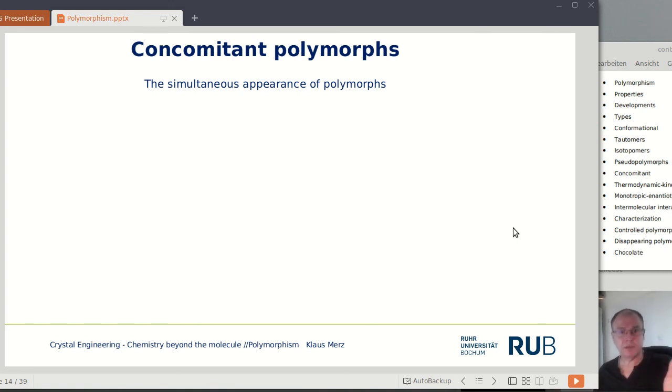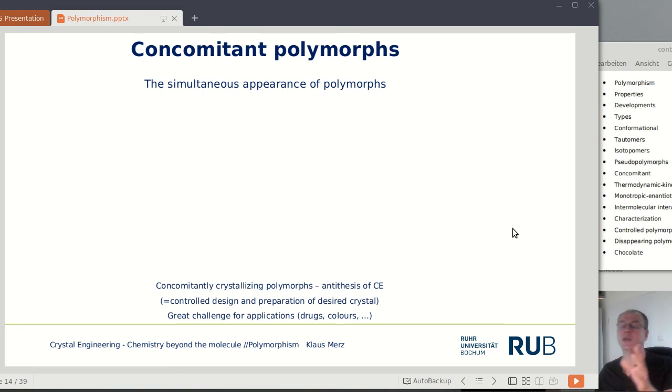Two examples, one from the inorganic side. This is very strange for crystallization, because crystallization, you know, is a form of purification. In the practical course, you learned that if you want to purify your compound, one of the best ways is to crystallize it.